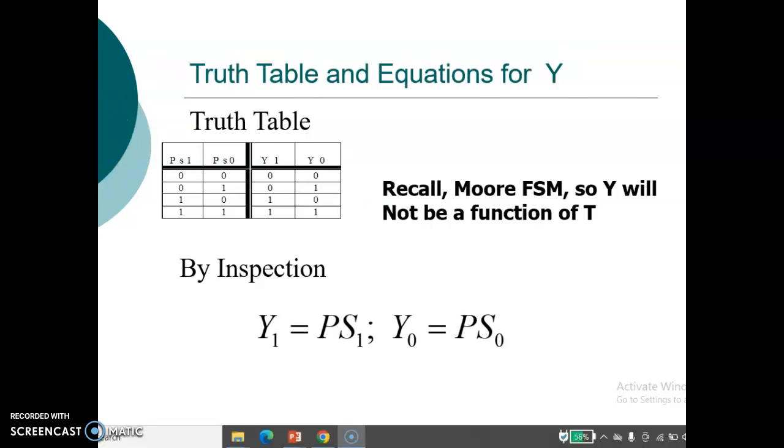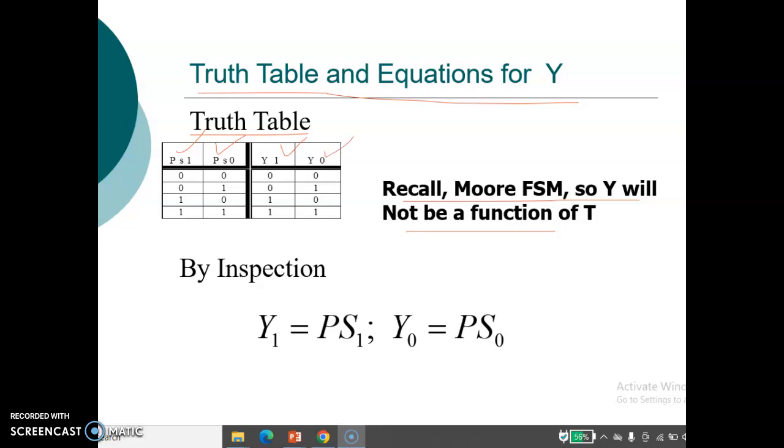Truth table and the equations for Y. Recall Moore FSM, so Y will not be a function of T. PS1, present state 1, present state 0, Y1 output, Y0 output.